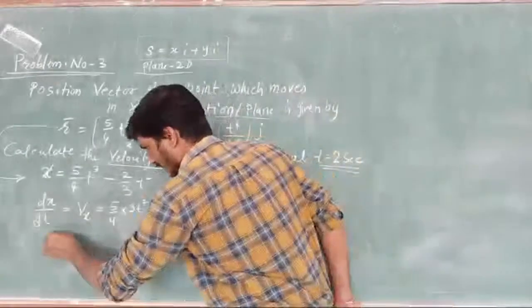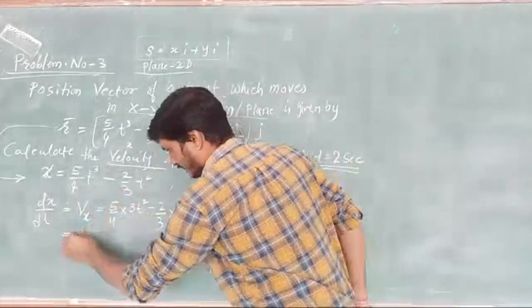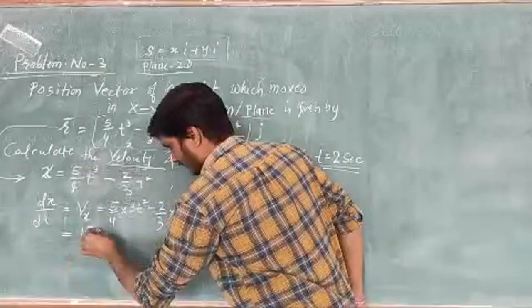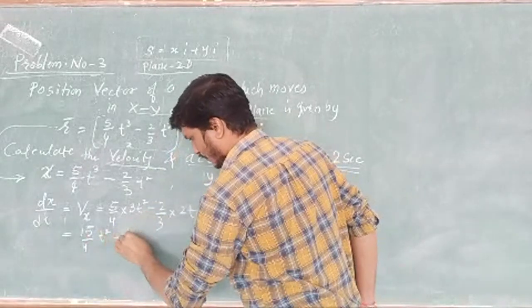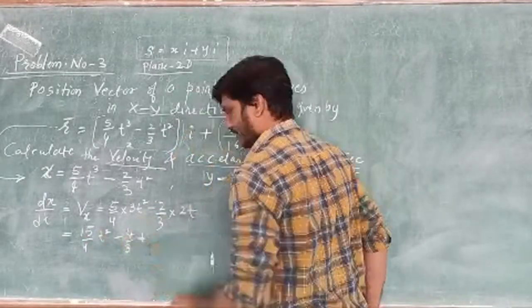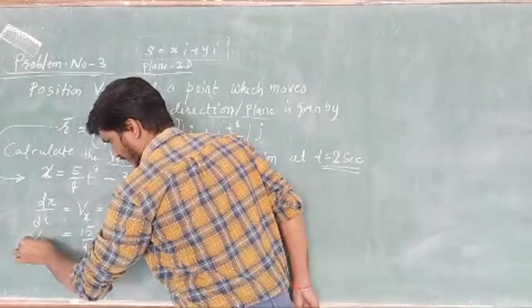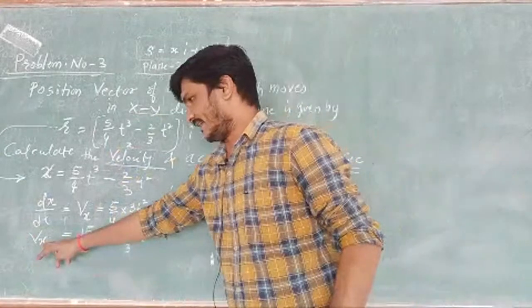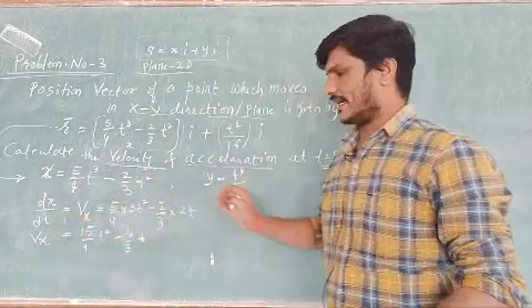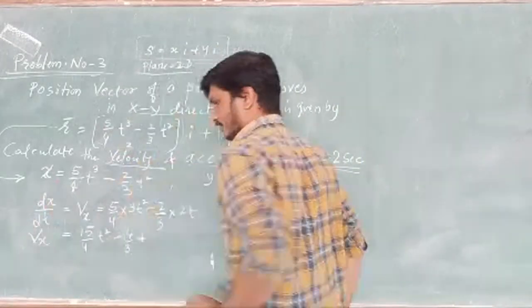Again, further simplification: 5 into 3, 15 by 4 t square minus 2 into 2, 4 by 3 into t. So this is the equation for the component velocity along the x-axis, that is v suffix x.